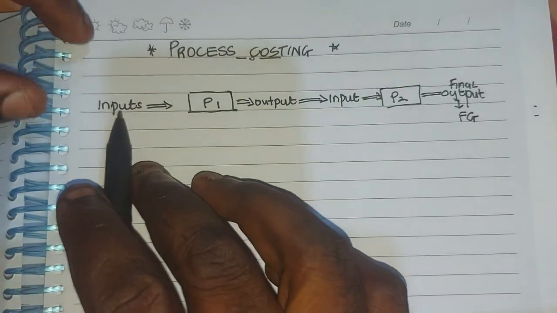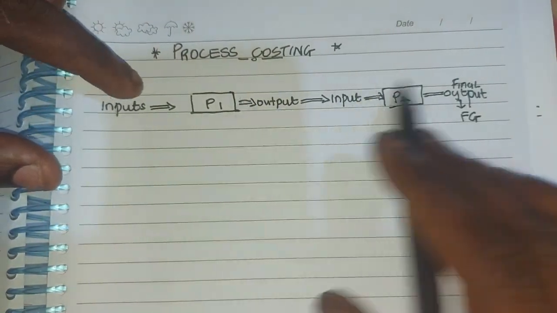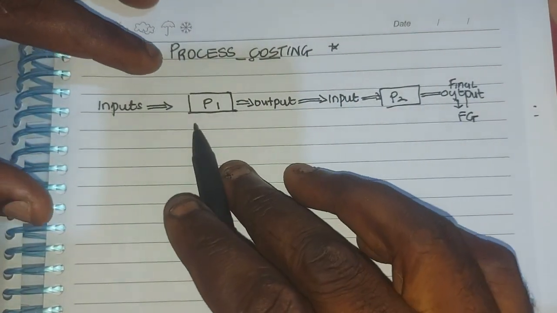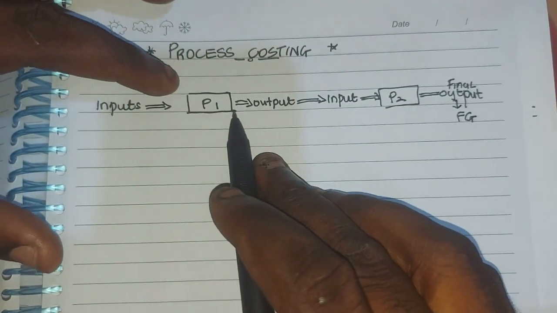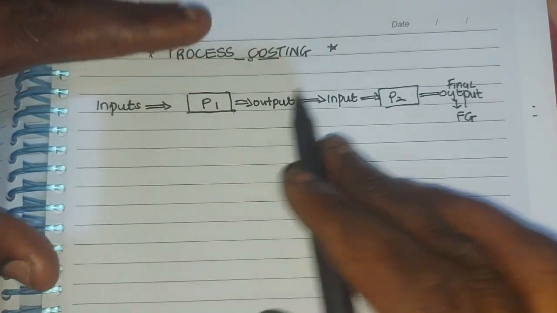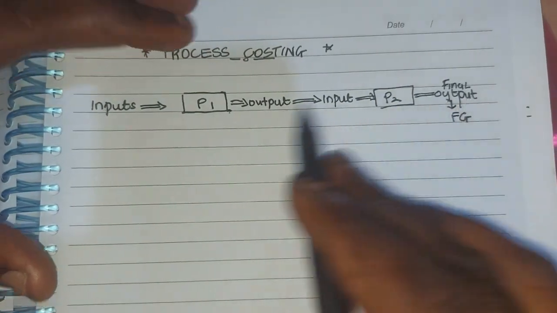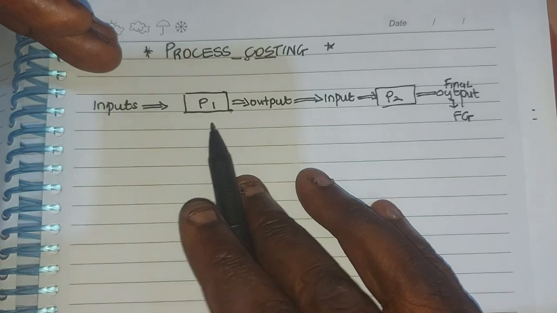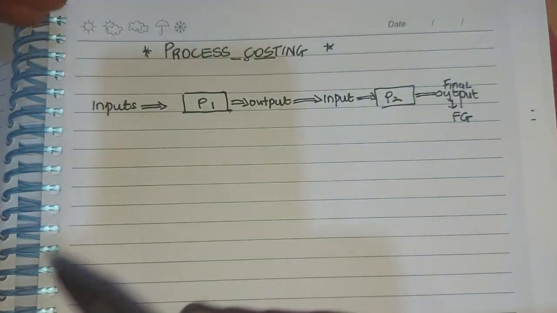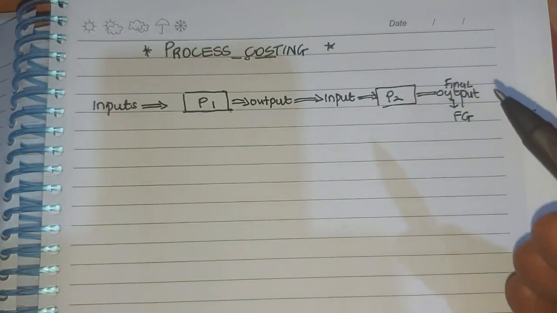So when a particular product goes through a process that is serial, that is, process 1 must be complete before going to process 2. Okay, that's why we call it a series of processes. Process 1 and 2 cannot be done simultaneously. All right.